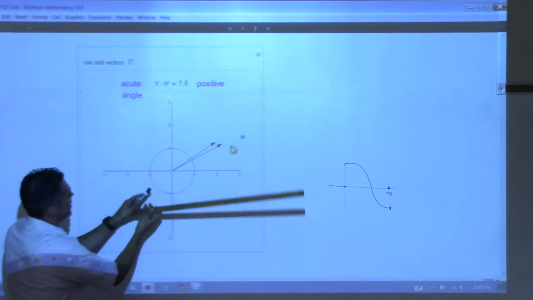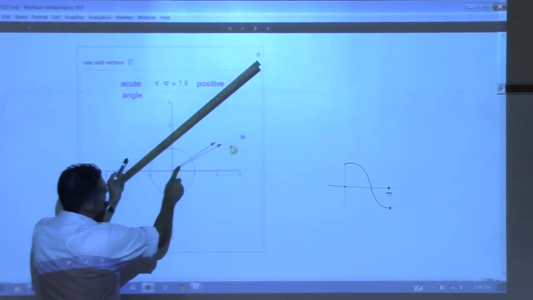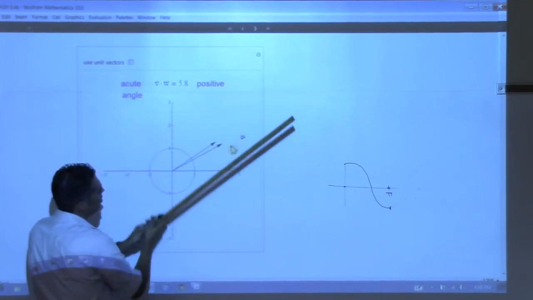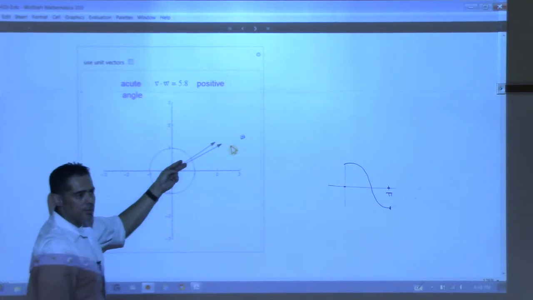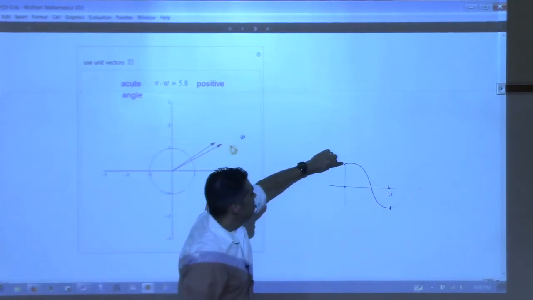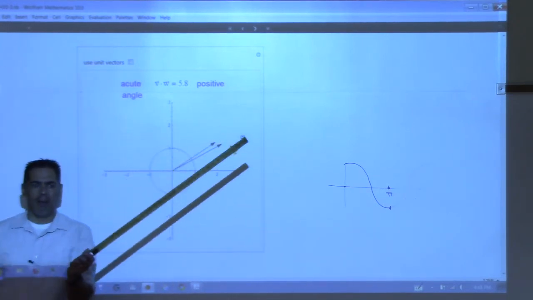So if I make the angle between them really small, then what is cosine going to do? What is it headed towards? 1, right? Cosine of 0 is 1. So what would happen if the angle between them is 0? What's the dot product then?